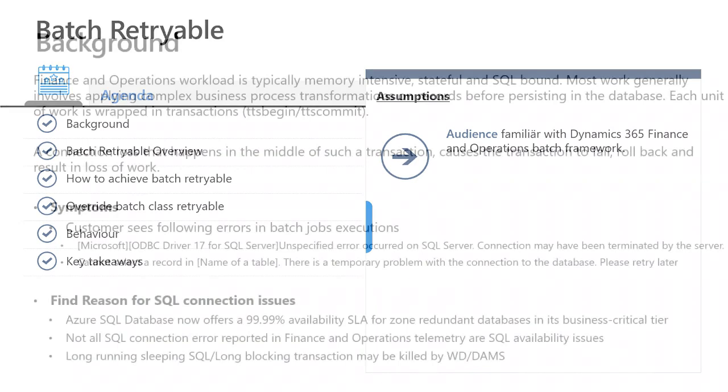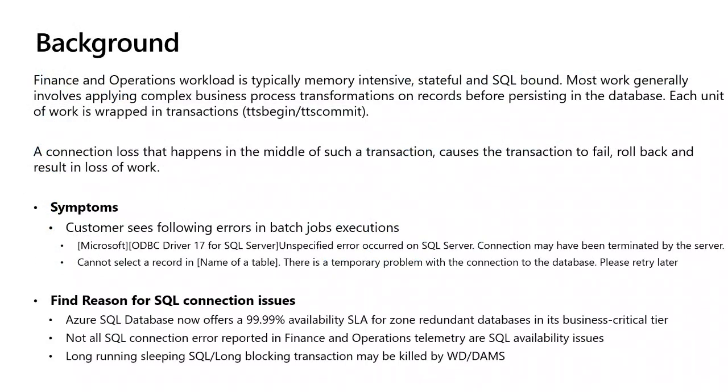So the background. Dynamics 365 finance and operations workload is typically a memory intensive and SQL bound workload. Most of the transactions that we do in 365 finance and operations are to fetch the data from the database, apply business process transformation, and then commit back to the database.